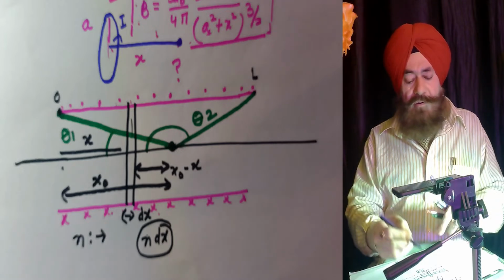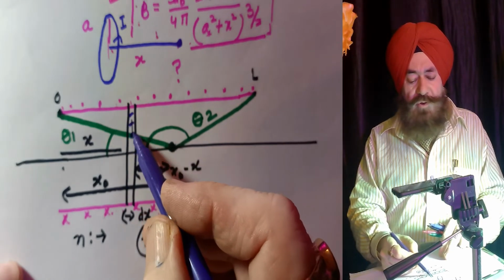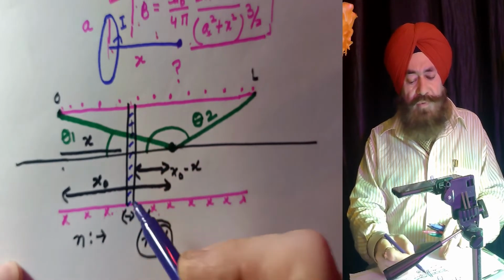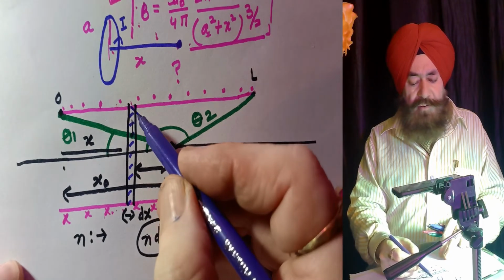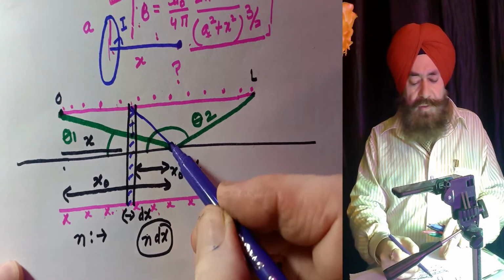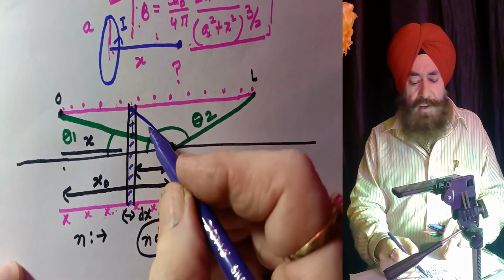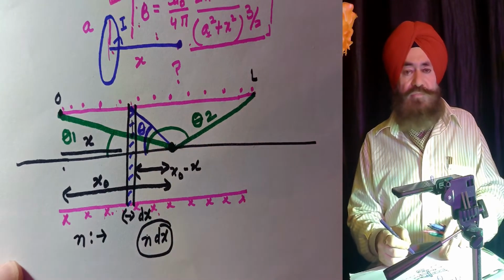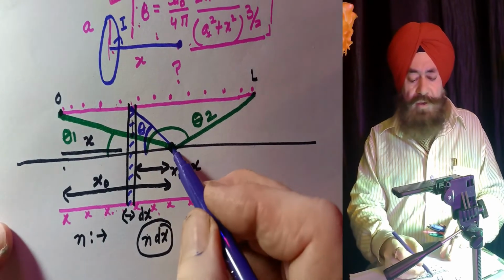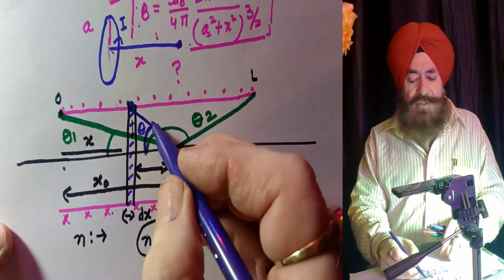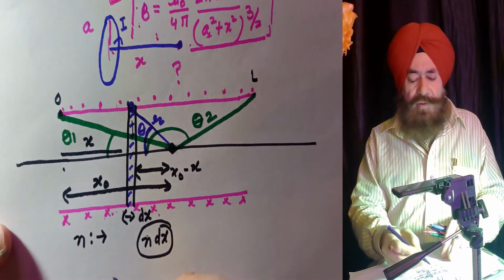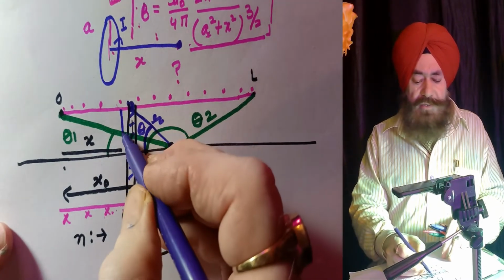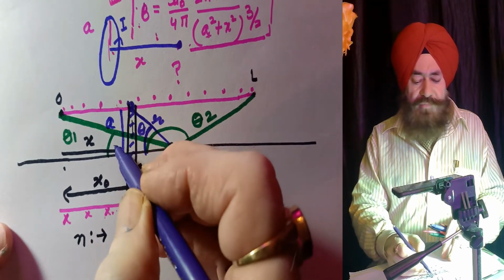Now a small portion of the solenoid is making an angle theta. From here to here, this distance is r. This is the radius, small a.